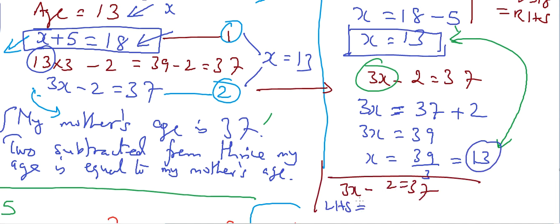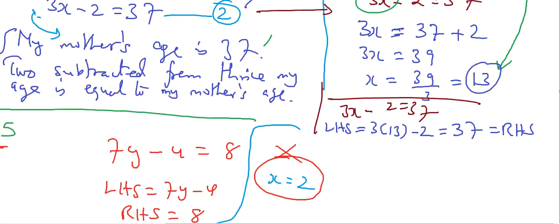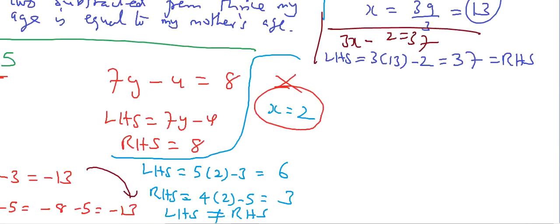So let's substitute. 3 into 13 minus 2 equal to 39 minus 2, correct? So equal to 37, equal to RHS. See? LHS equal to RHS. That means 13 is the solution of this equation. For both equations, 13 is a solution. So likewise any value obtained can be verified to check whether it's a solution or not.